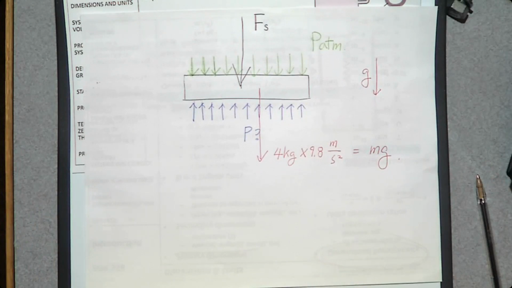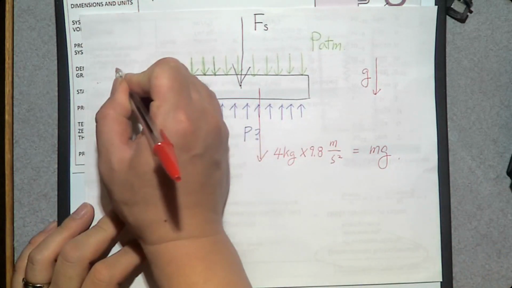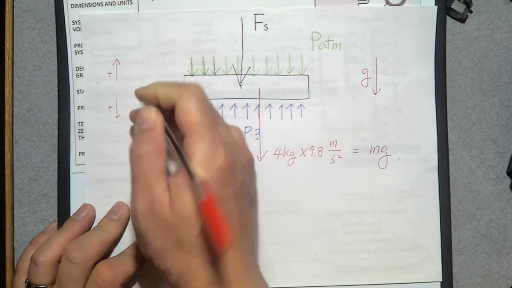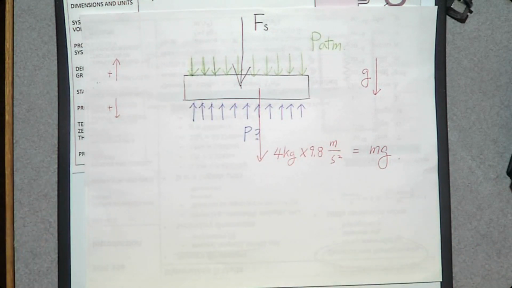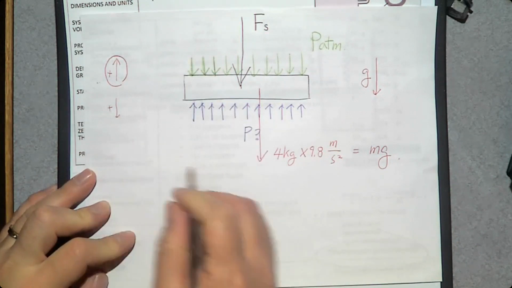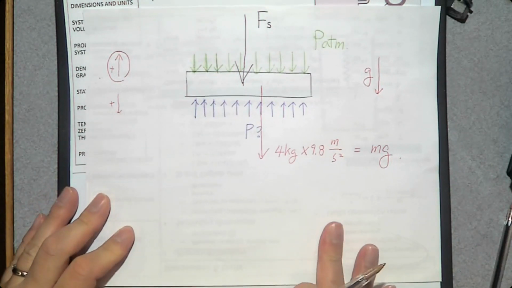If you want to determine the net force, you need to decide what is the positive direction and what is the negative direction. So we can say either upward is positive or downward is positive. Which one is right? Either, so you just need to pick one. So if you pick upward is positive, let's calculate the net force.